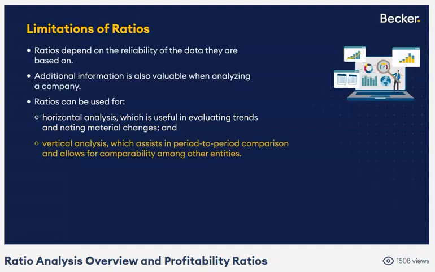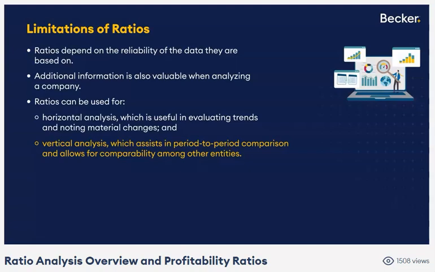Then there's vertical analysis, taking every number on the income statement, dividing it by sales, taking every number on the balance sheet, dividing it by total assets. So you want to take a look at the composition of, let's say, your income statement. Are your expenses, your cost of goods sold, going up or down relative to what they were historically? Maybe you want to take a look at your profit margins, your operating margin, or your net profit margin, whatever.